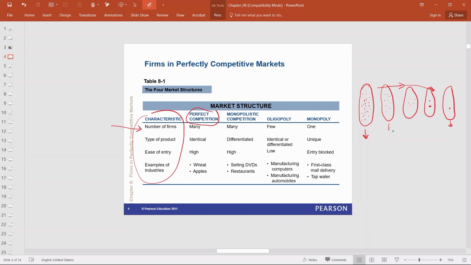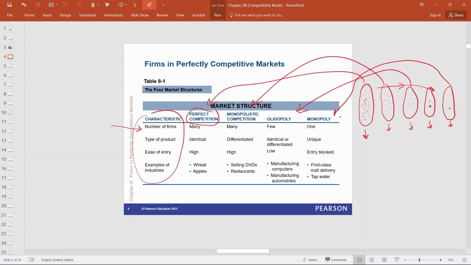So this is a monopolistic competition, and this market with a very few number of sellers is called oligopoly, and a market with only two firms is called duopoly, and then monopoly. So this is this, and this is this. This is this. And then we have the monopoly.